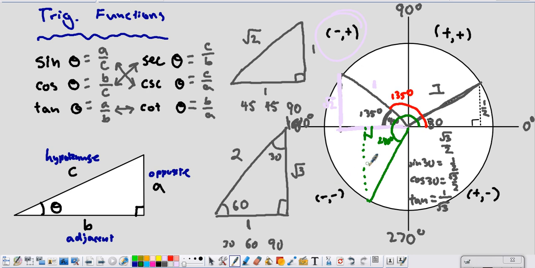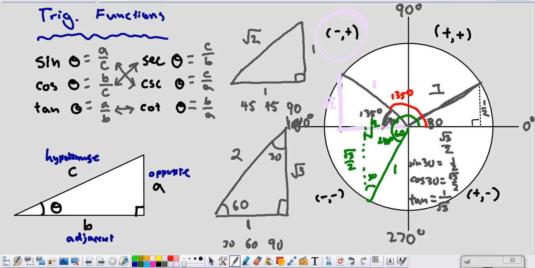So if I wanted to find the sine of 240 degrees, I just have to pretend this is a 30, 60, 90 triangle. This would be 30, that would be 60, and this here is 90. So let's remember our sides again. The sides would be 1/2 and radical 3 over 2.